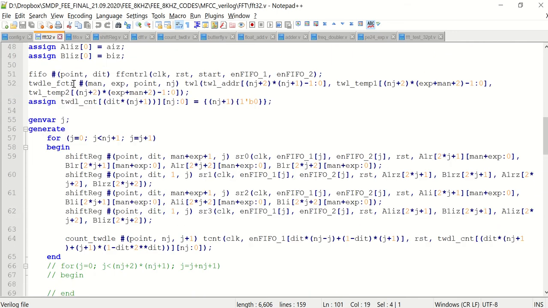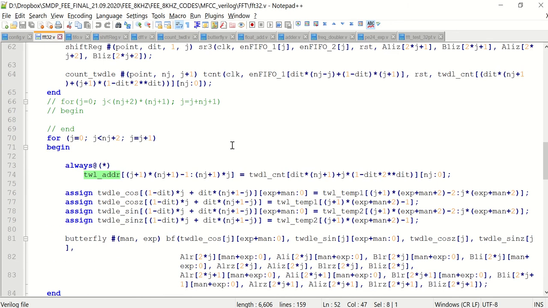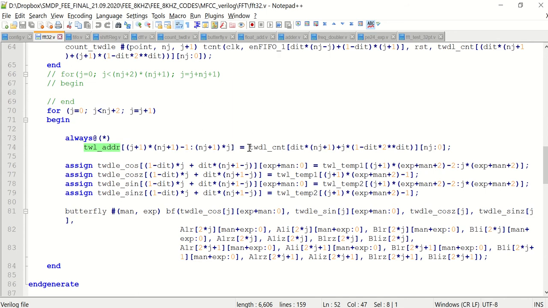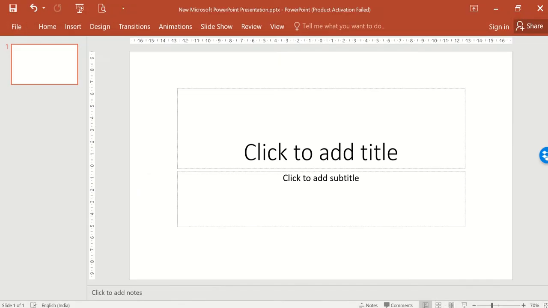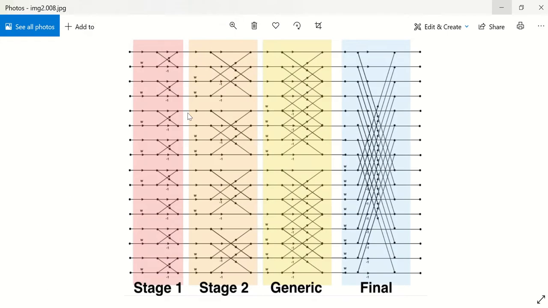So here we have this twiddle factor module instantiated, and here we have the address that is to be given to the twiddle factor. How do you generate that address? It is based on the twiddle count. What this count twiddle module does is, depending upon the stage you are in, first stage, second stage or third stage, these are the stages, it tells the count of the twiddle factor that you need to consider.